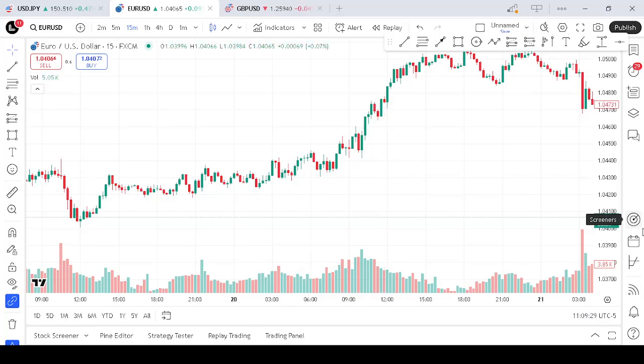Now let's understand the New York Breakout Strategy. This strategy is centered around the New York trading session, which begins at 8 a.m. Eastern Time.